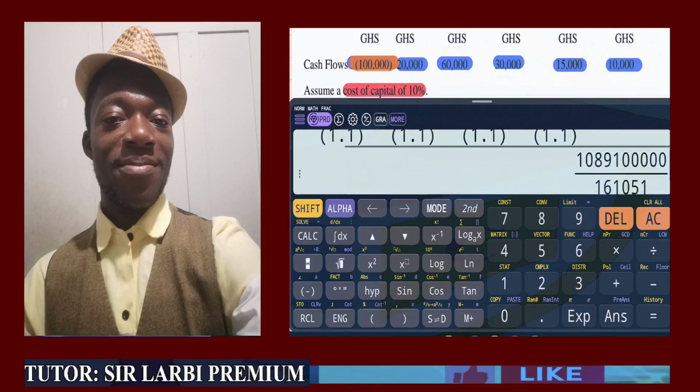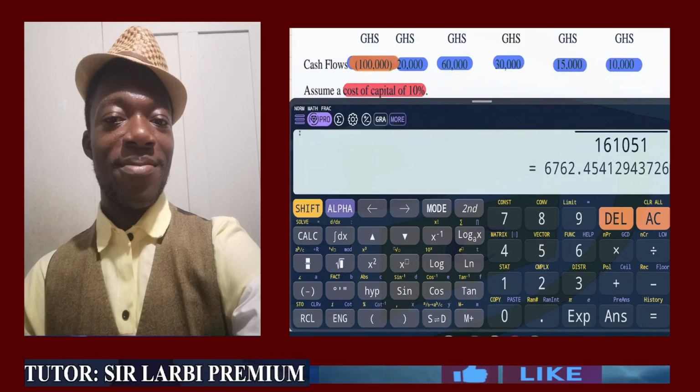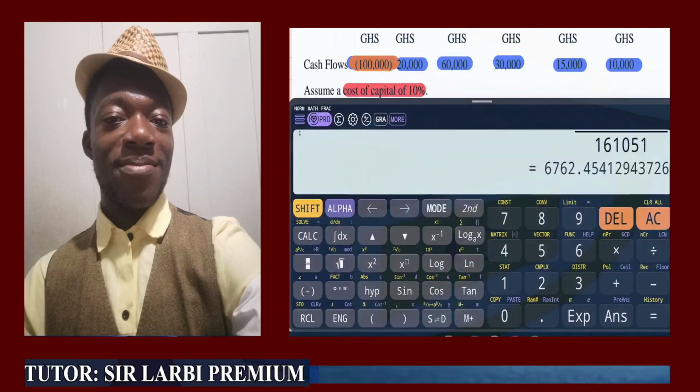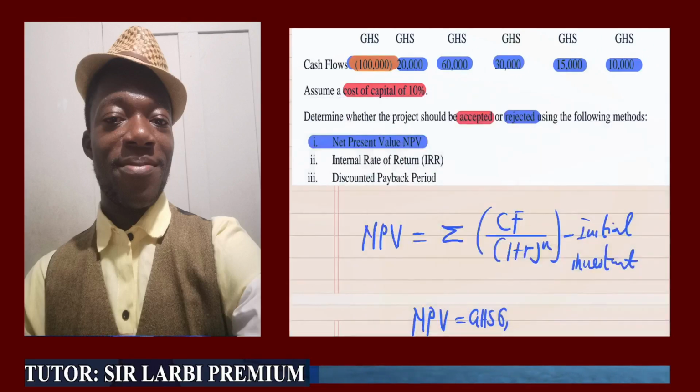So let's see the result. Here we are getting a result of 6,762.45. Our net present value is equal to 6,762.45, given in Ghana shillings.